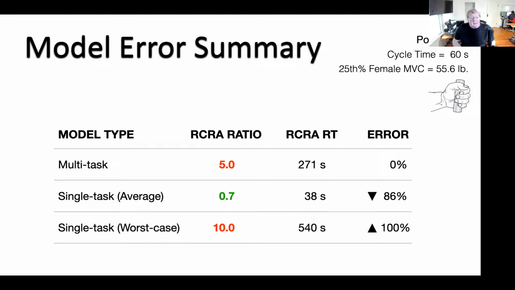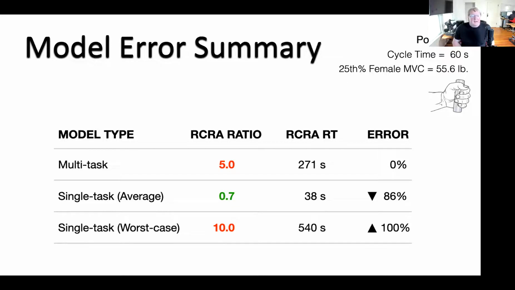So assume 0% error, say if the model was perfect, which it's not, but say our RCRA ratio was 5.0, and that's a ratio of the calculated recovery time to the actual recovery time. If our true rating was 5.0 when we ran it as multitask, say that was 0% error, then we could run that model as a single task model. We could average those forces.